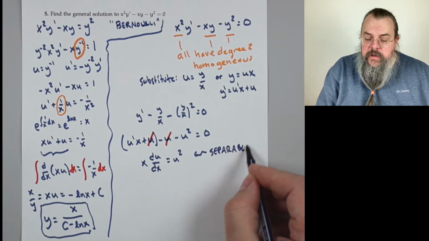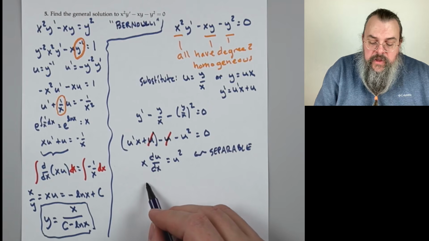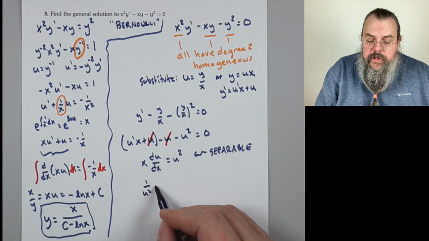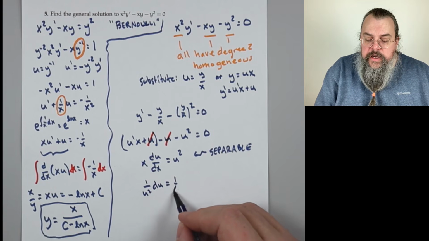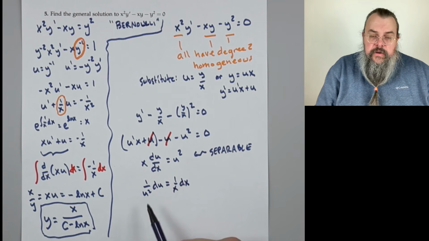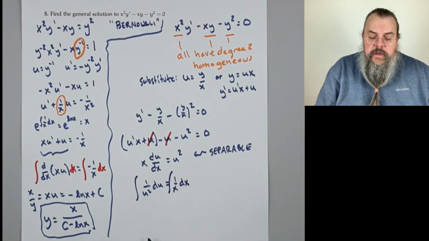All right, good. So what can we do? Well, we separate. So 1 over u squared du is equal to 1 over x dx.